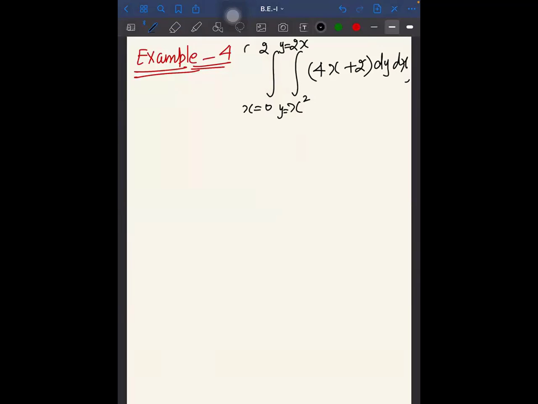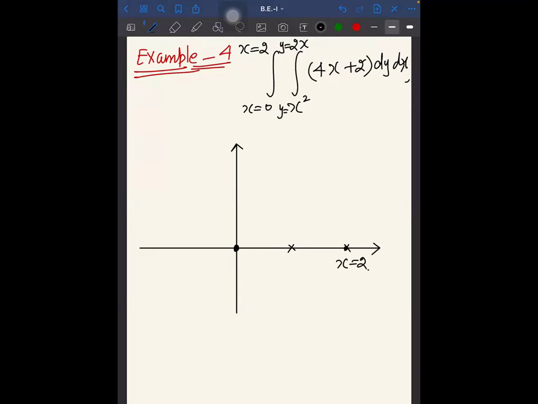You need to plot only the region. You don't need to make a 3D plot of all that. So let's mark the region first. Say x is 0 somewhere here and x is 2 somewhere here. And what is y equals x square? A parabola.